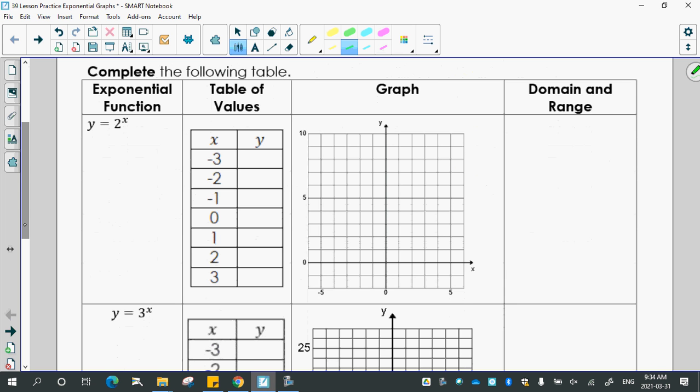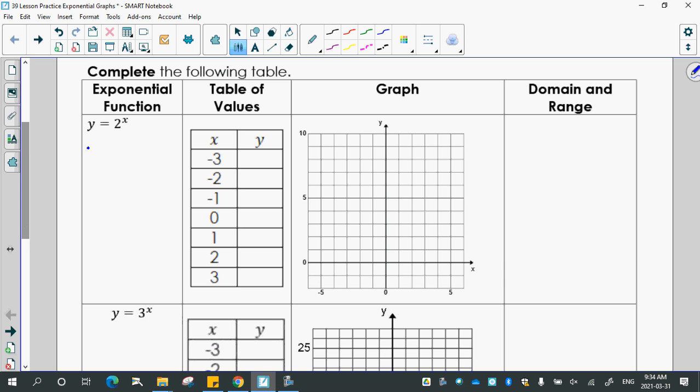Okay, so complete the following table. Here's our exponential function, y equals 2 to the x. We're just going to draw some parent functions now to get used to what they look like. If y equals 2 to the x is our parent, what would the y value be if x is -3?